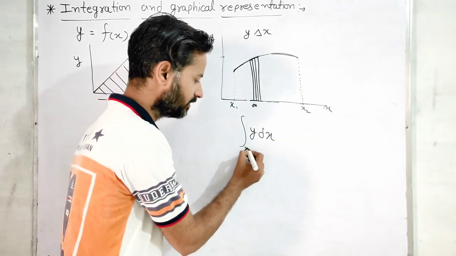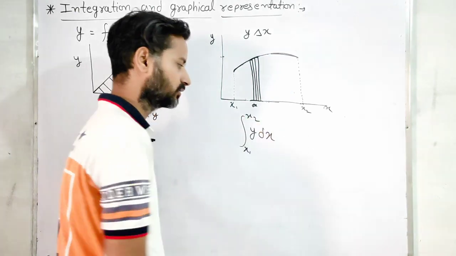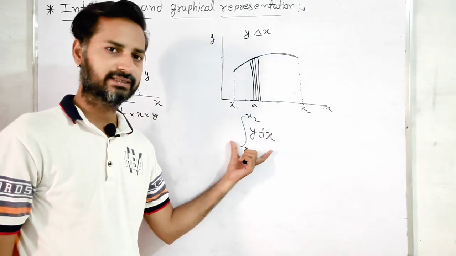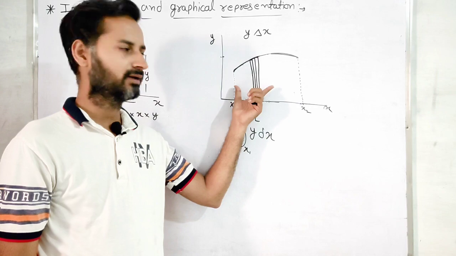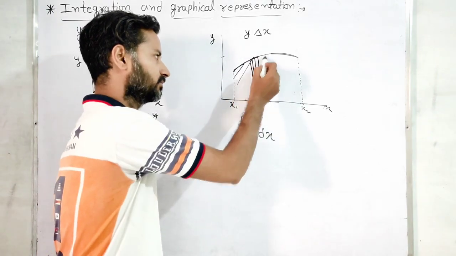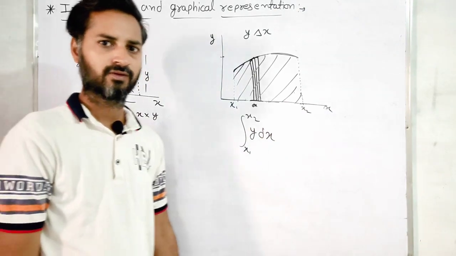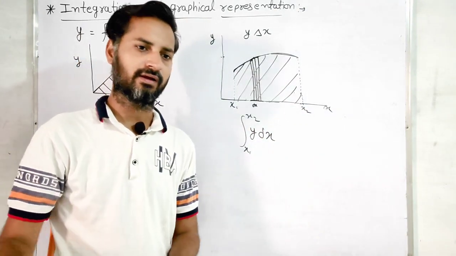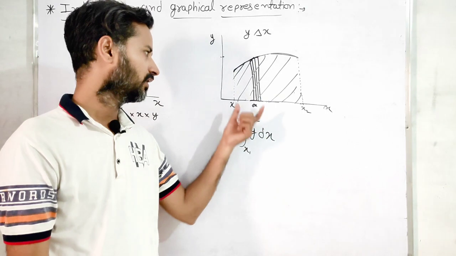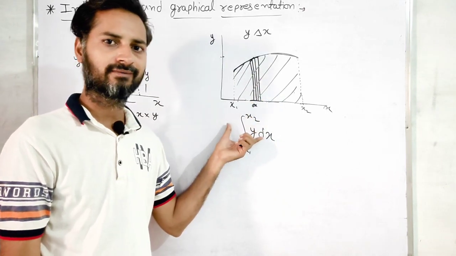So our limits will be x1 to x2. By using this, we can get the complete area. Later in other chapters, we will use this in our applications.